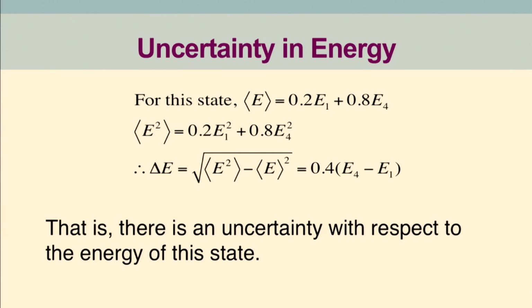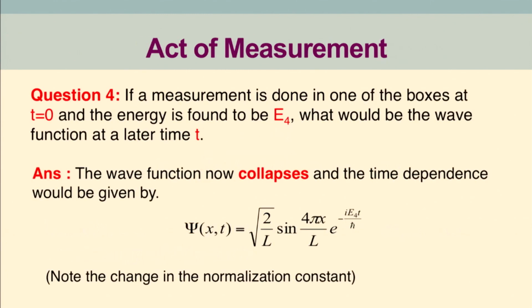And if you calculate the uncertainty in the energy, you will see that it is 0.4 (E4 minus E1). Which means that there is a finite uncertainty with respect to the energy of this state. So as I said in the previous slide, the energy of this time dependent wave function is not definite, rather it has some uncertainty in it.